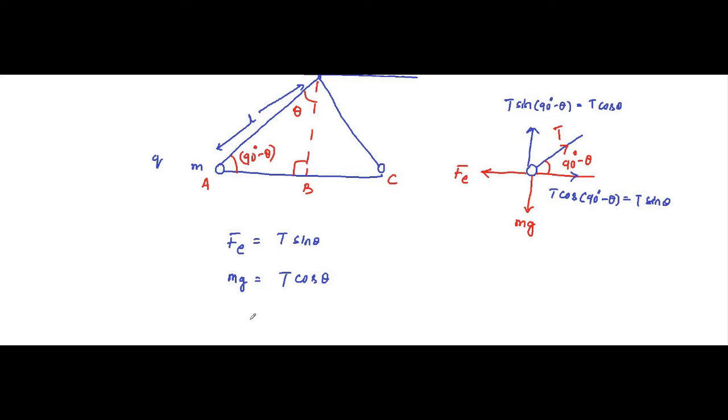Now Fe by mg is T sin theta by T cos theta, T gets cancelled, and this is equal to tan theta.